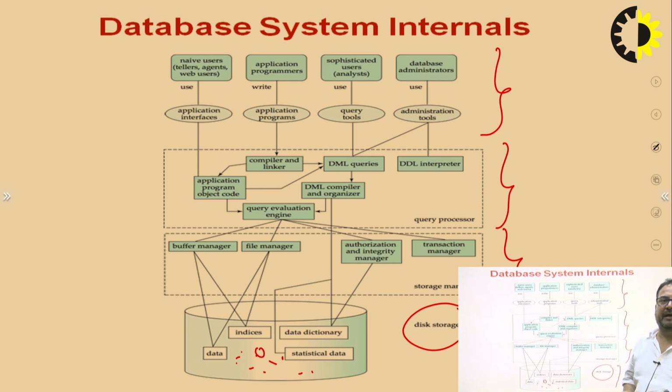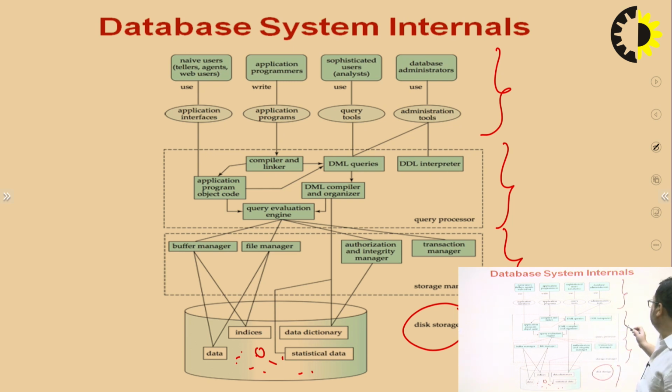At the top level we have the set of users, and at the next level we have the query processor. All the different types of users, like naive users, sophisticated users or the DBA, write everything in terms of queries. In a structured or relational system, there must be a query, and that query must be executed.